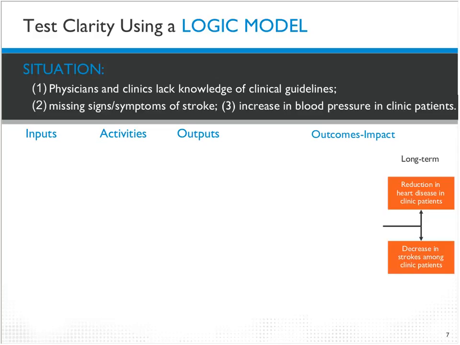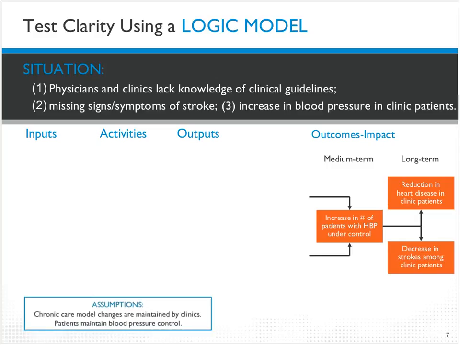And also, we would hope to see a decrease in strokes among those patients. A more medium-term outcome would be an increase in those patients that have high blood pressure but are keeping it under control.